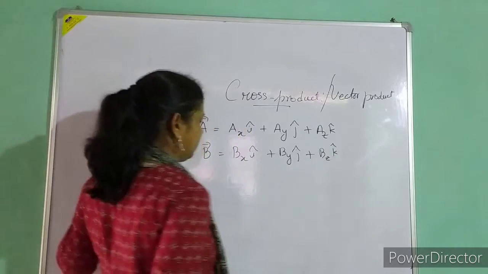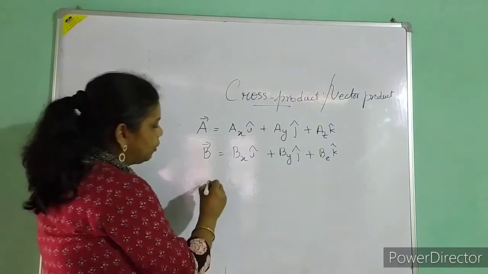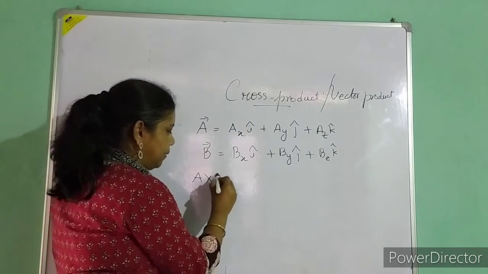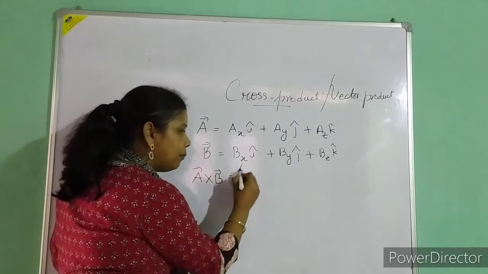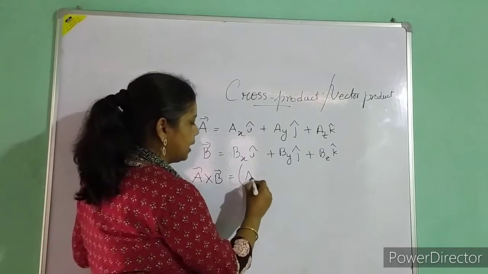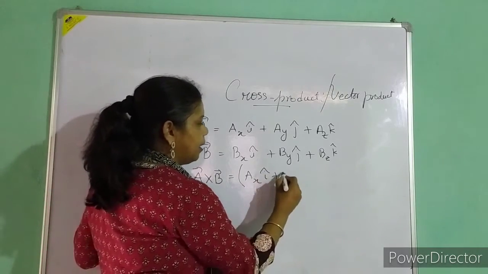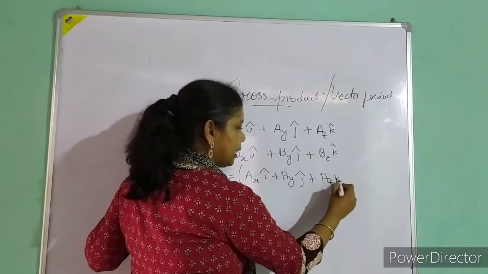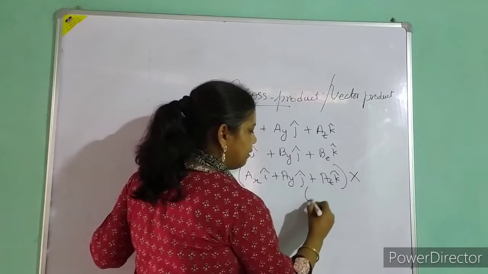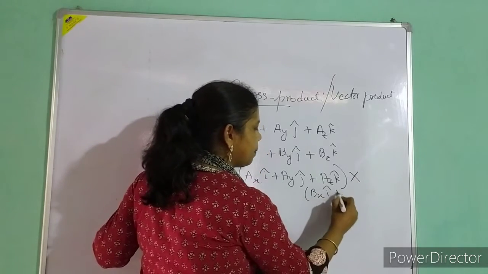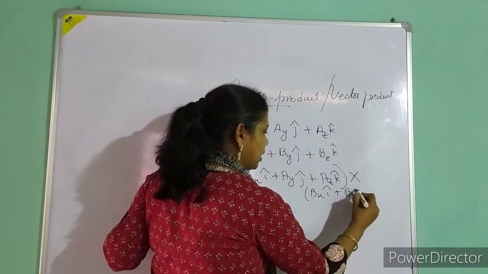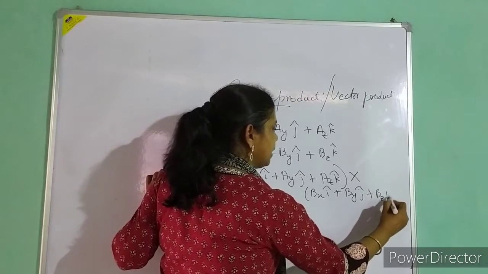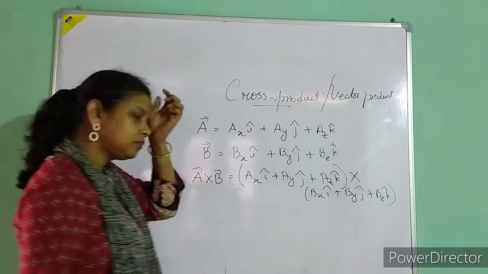If I want to multiply A cross B, then one method I will show you. That one is A x i cap, A y j cap, A z k cap, and when I write cross, then B x i cap plus B y j cap plus B z k cap. This is one rule.